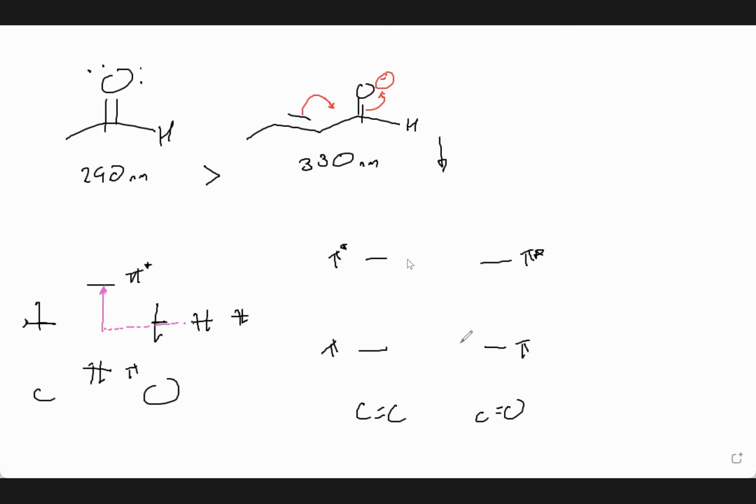What's the symmetry requirement for bonding? Can I form a bond between a pi and a pi star orbital? No, because every combination that I make will be non-bonding overall. So I have to bond the pi with the pi and the pi star with the pi star.